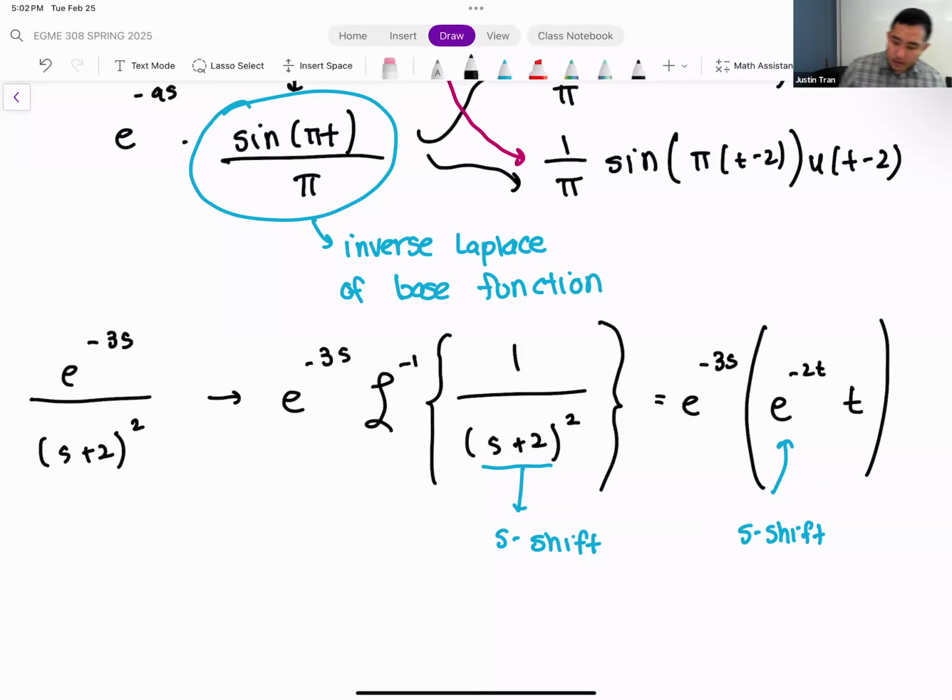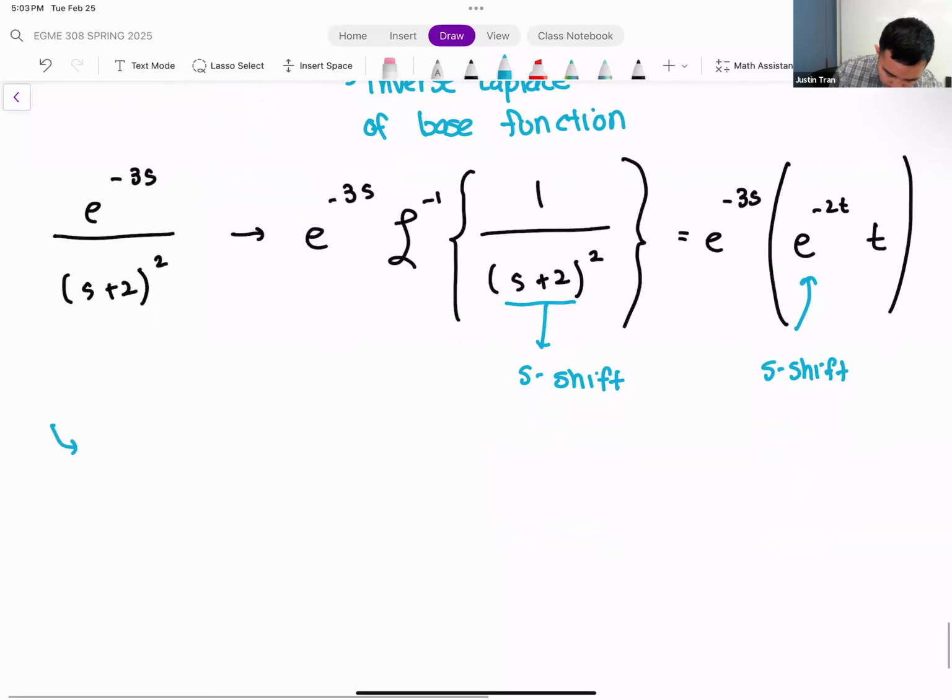Now we're going to take this and apply our t shift on this. So remember, to apply the t shift, everywhere we see t, we're going to replace it with t minus 3, because we have an offset of 3 here.